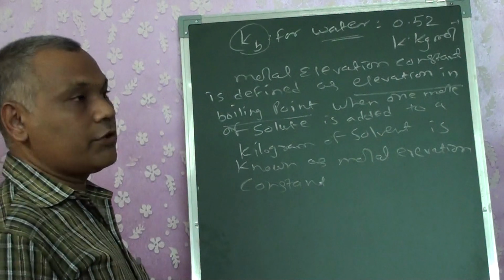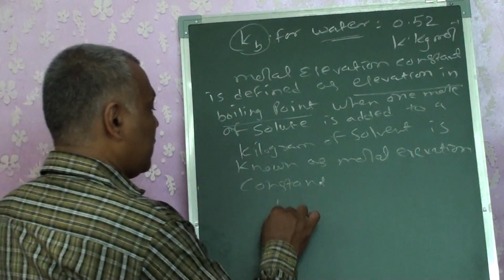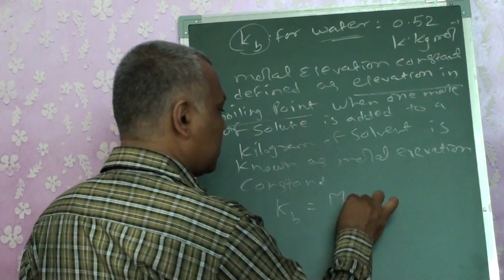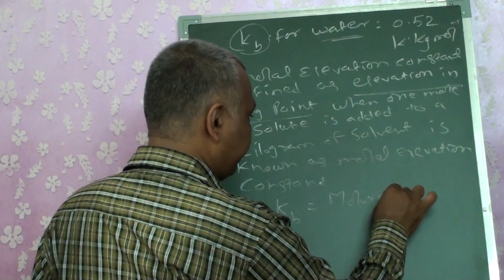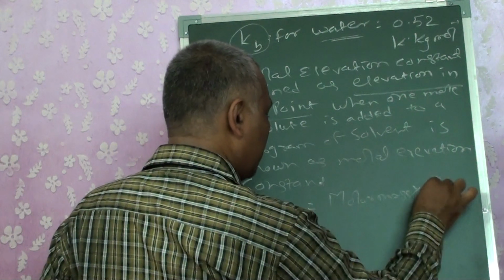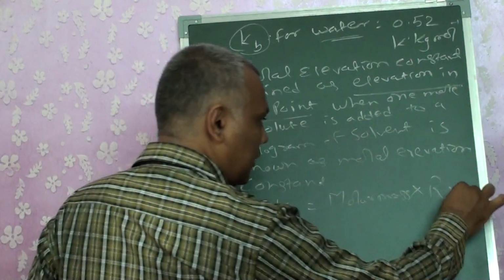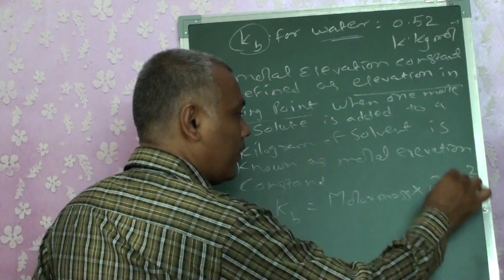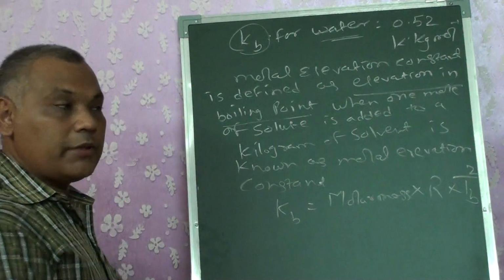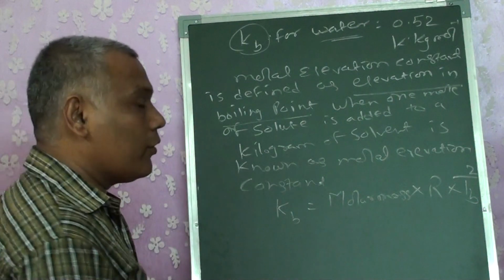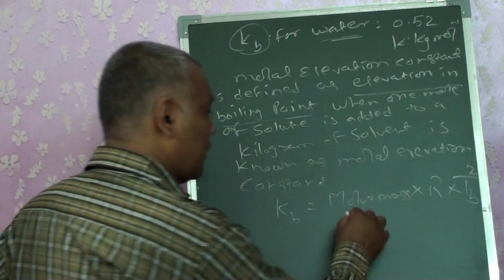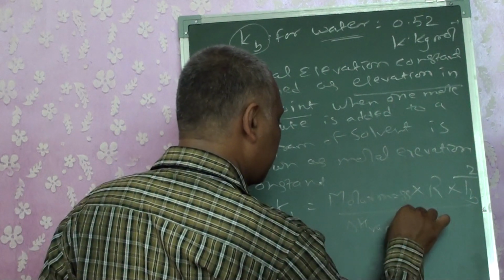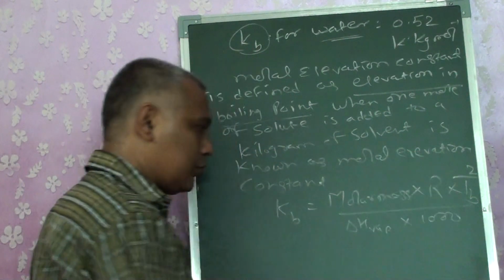The formula to calculate Kb is molar mass into gas constant R into Tb square, where Tb means the boiling point of that substance, upon delta H vaporization into 1000.